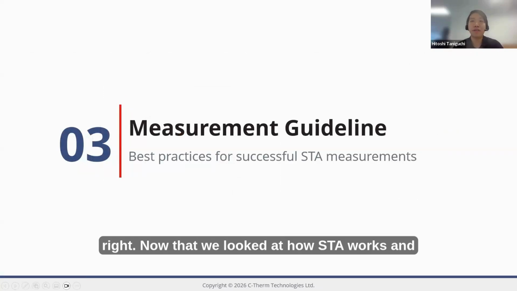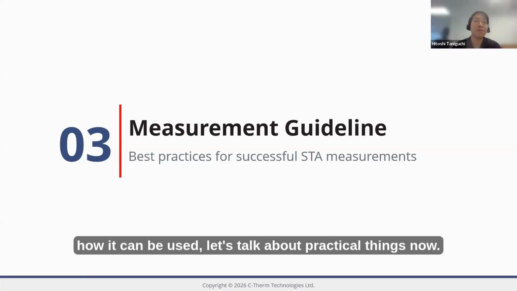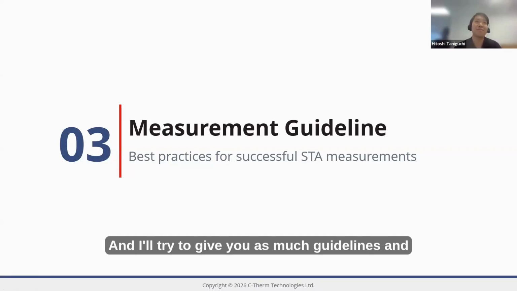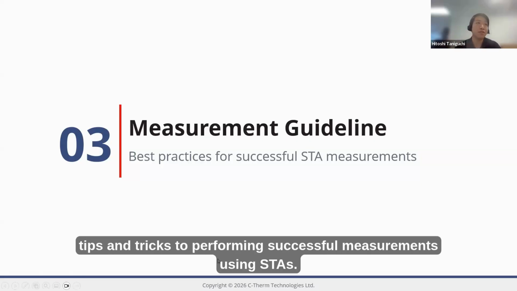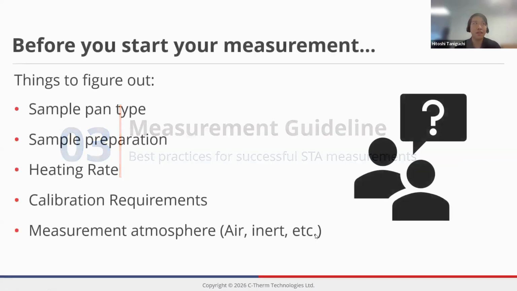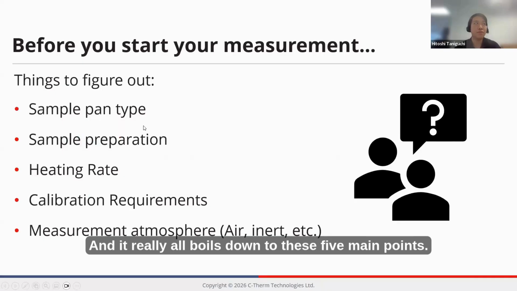All right, now that we looked at how STA works and how it can be used, let's talk about practical things now. I'll try to give you as many guidelines and tips and tricks as I can for performing successful measurements using STAs. And it really all boils down to these 5 main points.